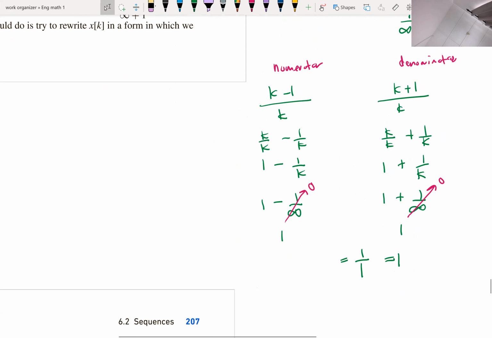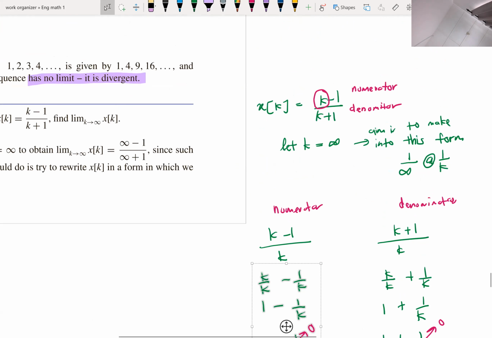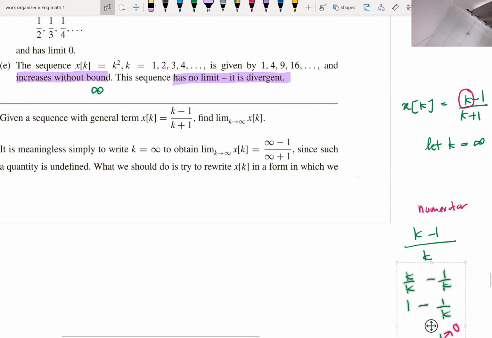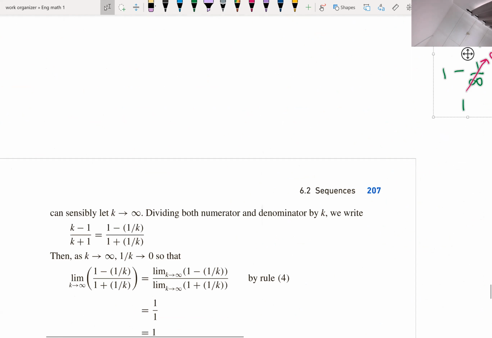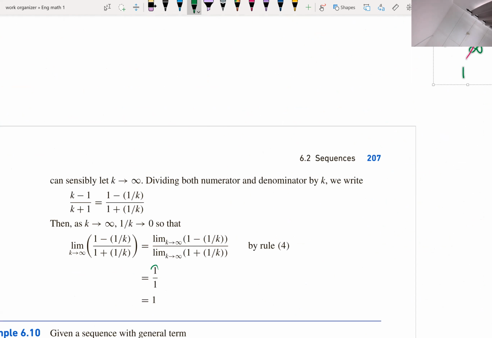Okay, so is it correct? We get the same, right? 1. So the function s of k, when k tends to infinity, will be 1.